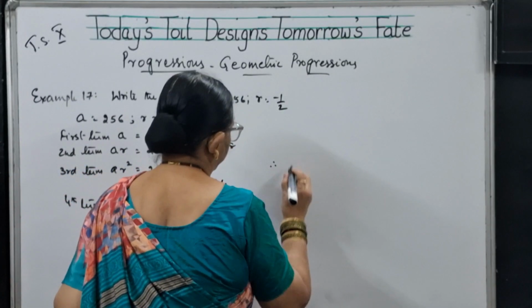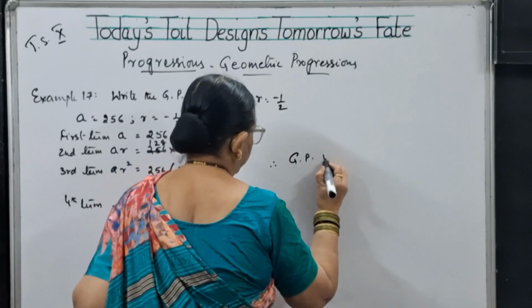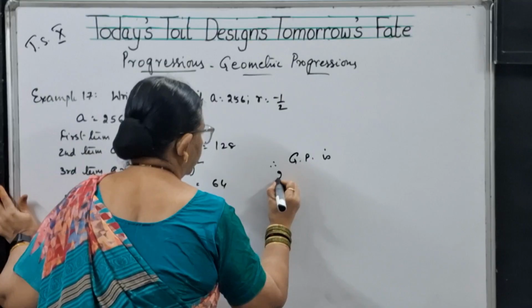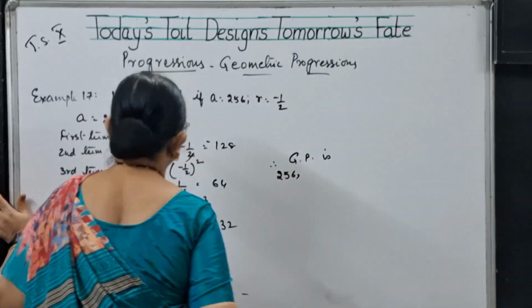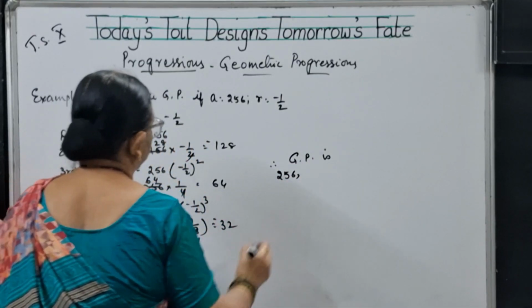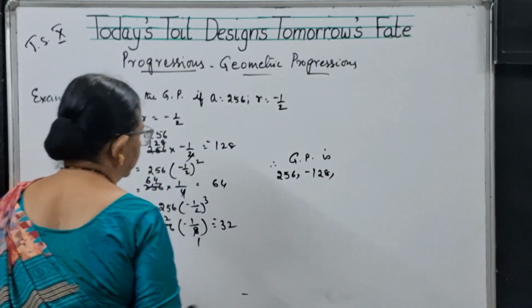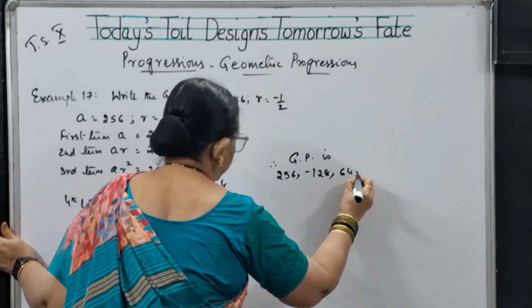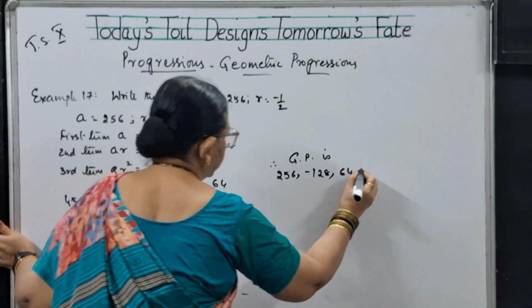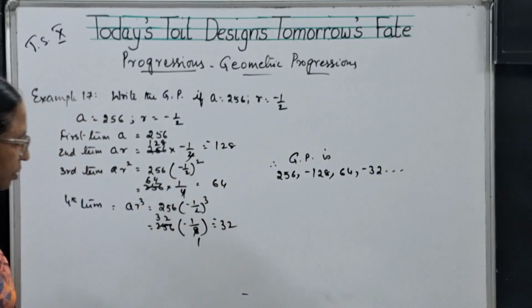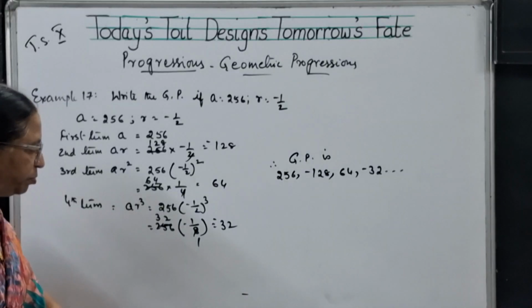So therefore the GP is: first one A, 256, and the next one minus 128. Next, the third one is 64. Then the fourth one is minus 32, so on. So you are getting this as the GP, children.